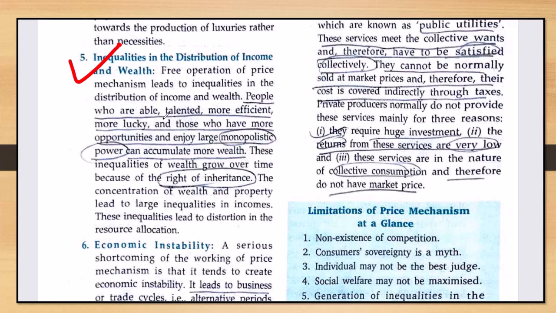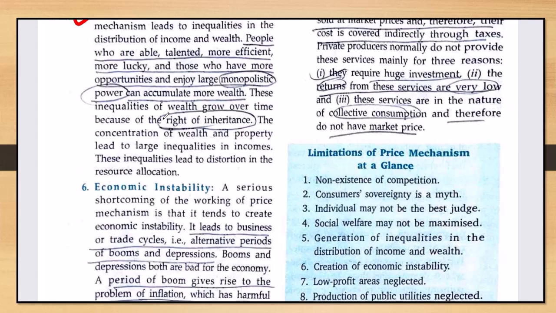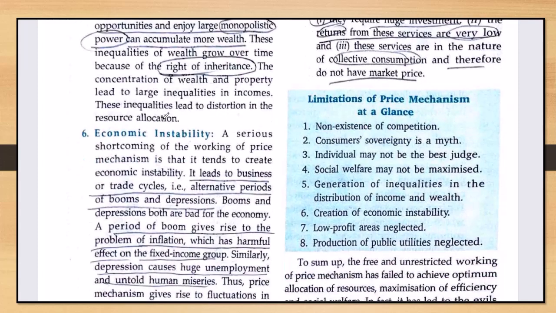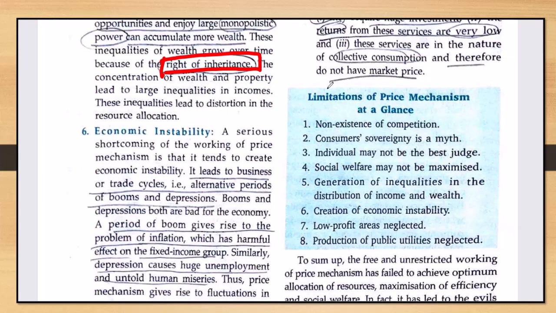Thus, this creates a huge income inequality, and this keeps on making the richer richer and the poorer poorer. Thus, wealth accumulates in only a few hands. This is also because of one of the main features of the capitalistic market, which was the right of inheritance.